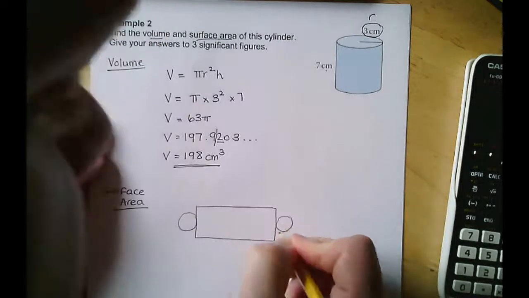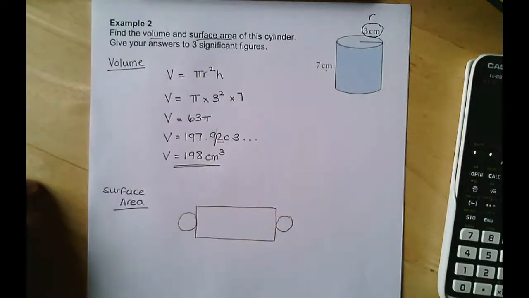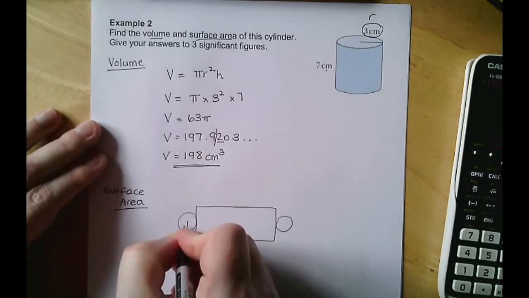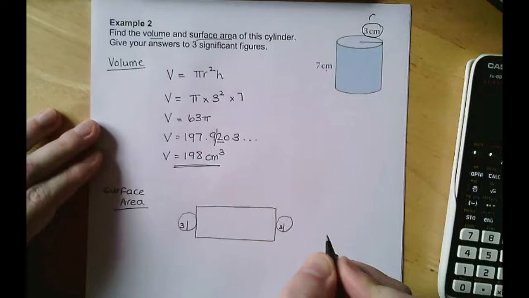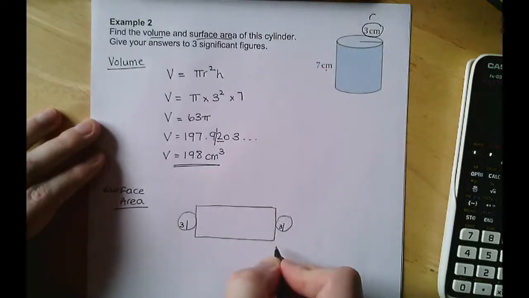We know that the radius is 3, and we know that this length here is 7.